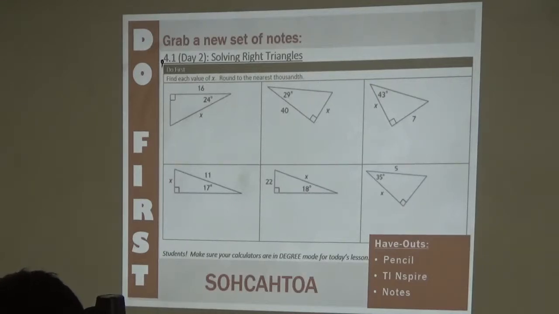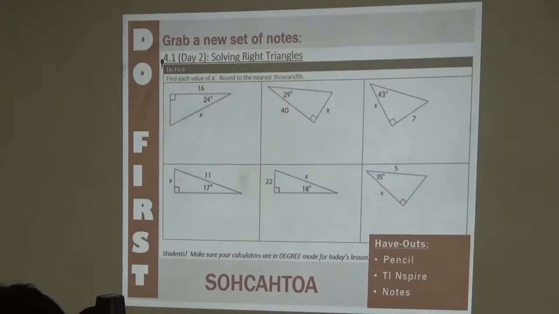Cosine of 24 equals adjacent, which is 16 over x, and then solve for x. These are good labels, but we don't care that much about the opposite side.